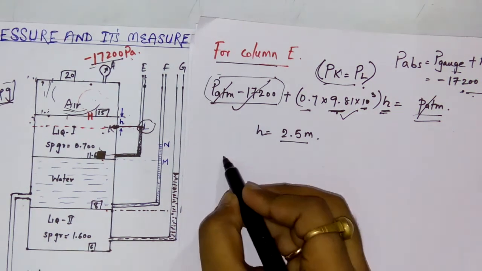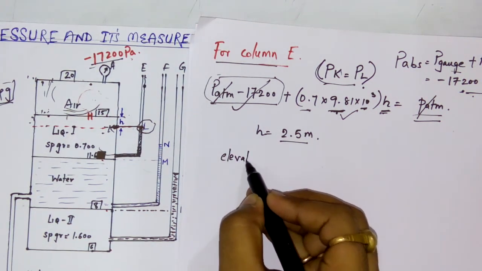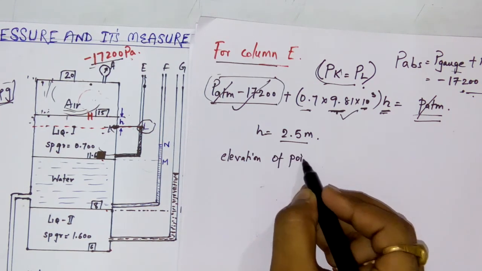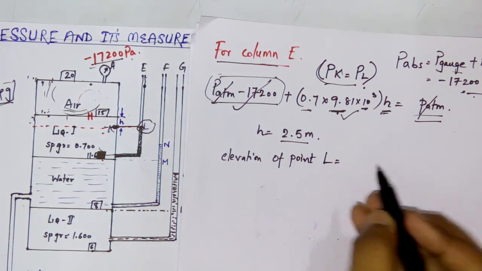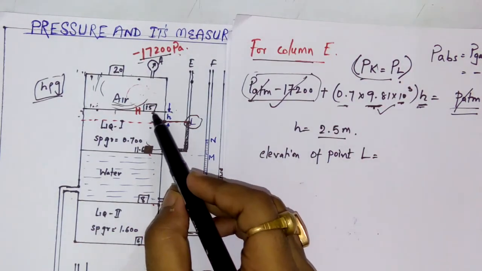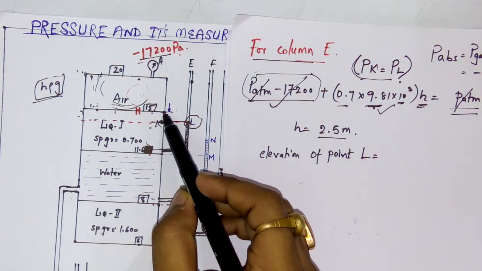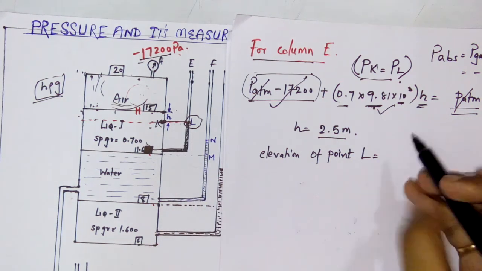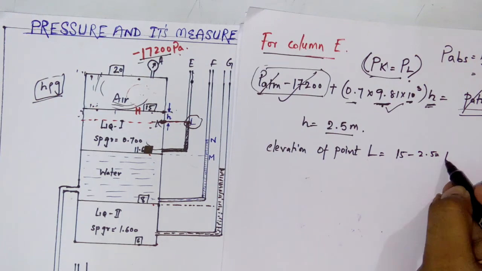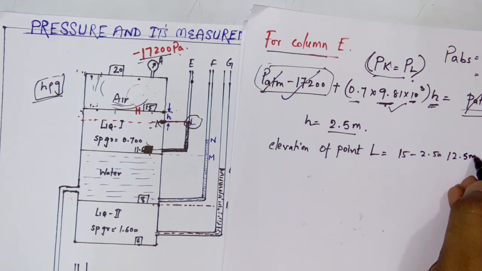Now the elevation of point L is nothing but this. Up to this the elevation is 15, so I am subtracting 2.5, 15 minus 2.5, that is 12.5 meters.